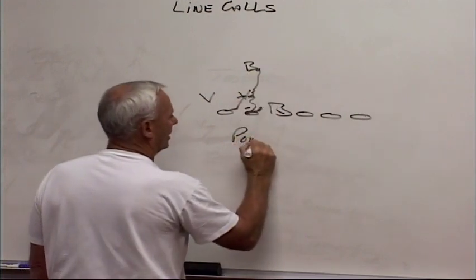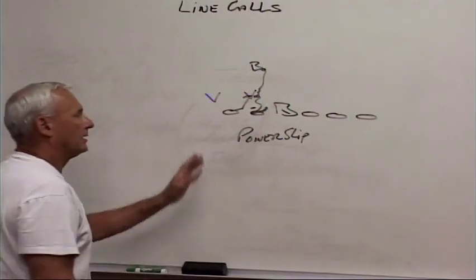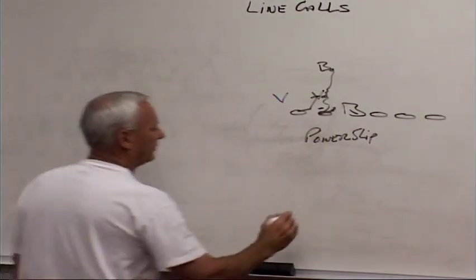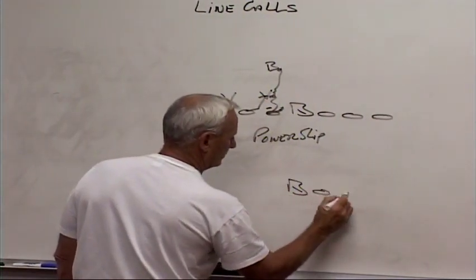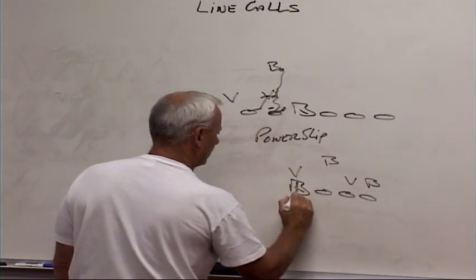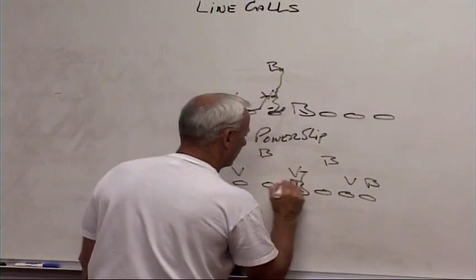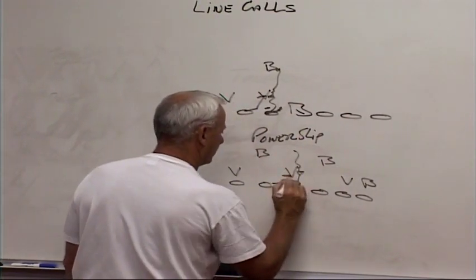And that's more of a power slip. That means we're staying in there riding that baby out of there. If we've got an okie front with a 0 nose guard, we will work a power scoop.